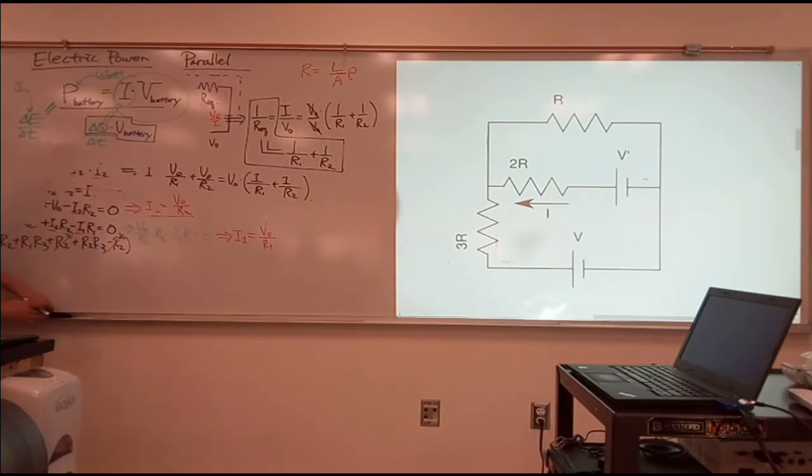So you are looking at a battery that looks like this. Positive terminal, negative. And you don't know what's happening here. Some sort of black box stuff happens here. But what you do know is that in time delta t, some amount of charge delta q is leaving the positive terminal. What else can you say?